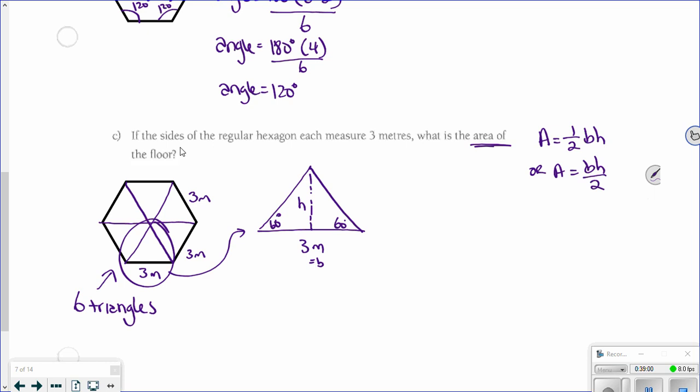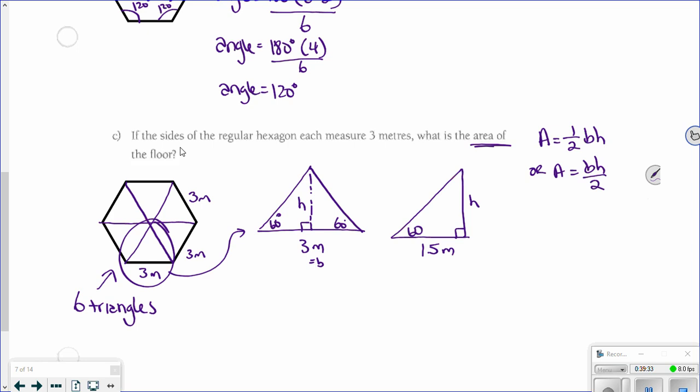But that peak exactly cuts down the middle of my base, which makes this a right triangle. So I can use my right triangle rules in order to find this height over here. Because this splits exactly in half, the bottom part of my right triangle is half of the 3, which is going to be 1.5 meters.